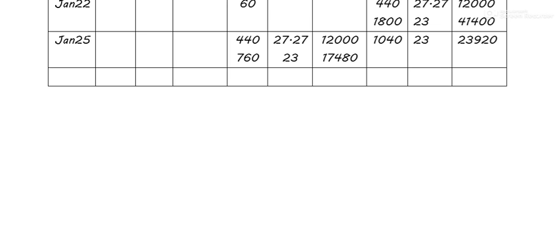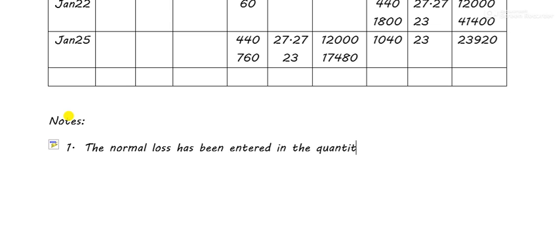Now I have my closing stock, and after the sums we have to give some notes because there was a problem in the sums known as normal loss. First, the normal loss has been entered in the quantity column only.